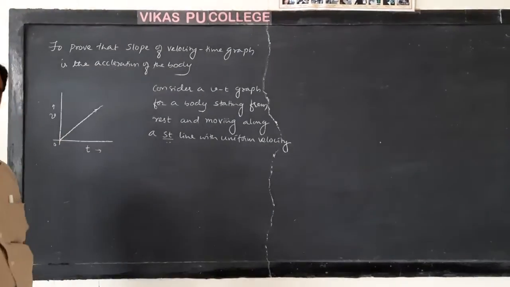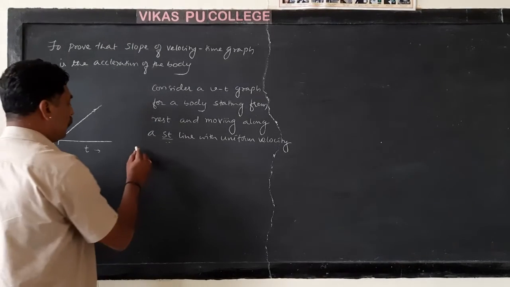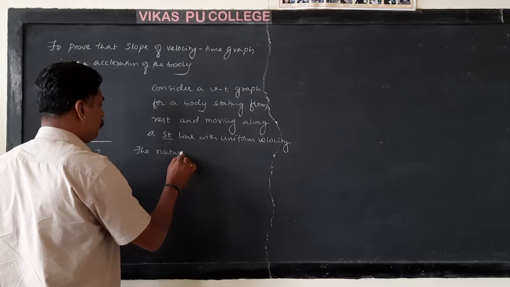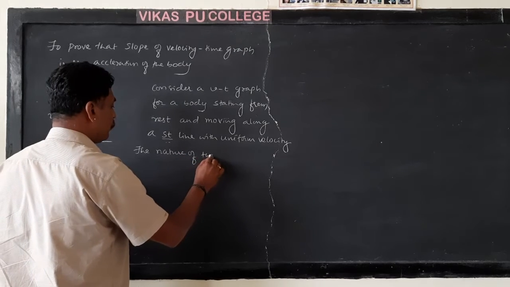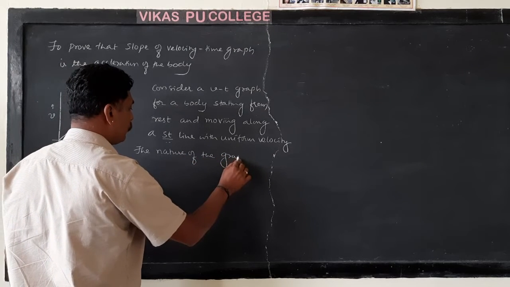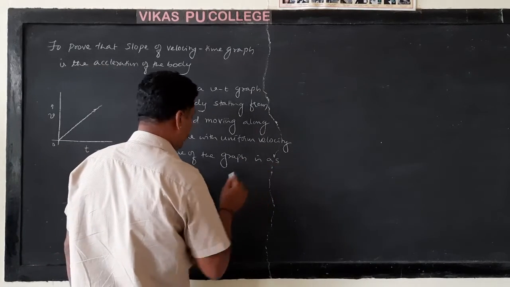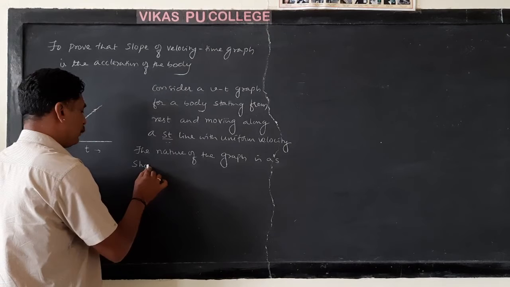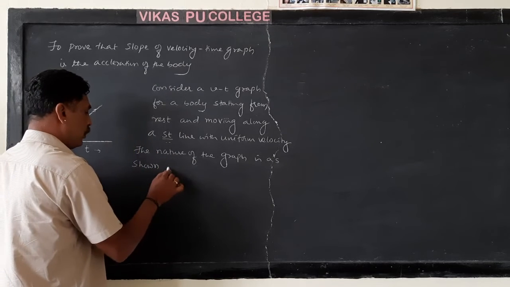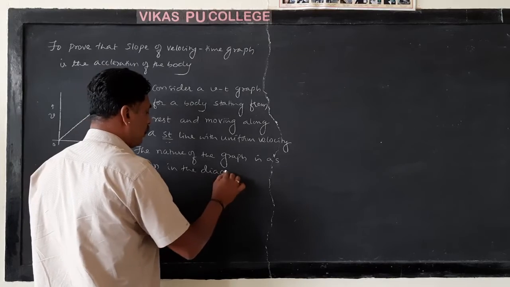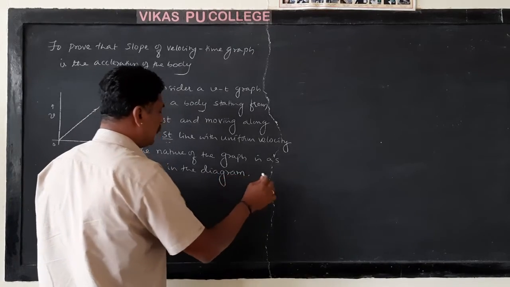So this is the nature of the graph. Therefore I write the nature of the graph is as shown in the diagram. Okay. So this is the nature of the graph.